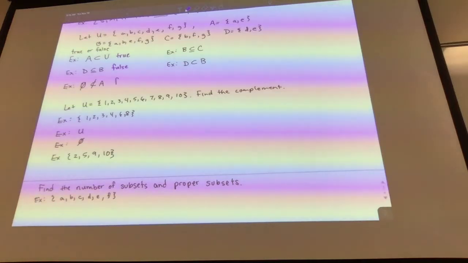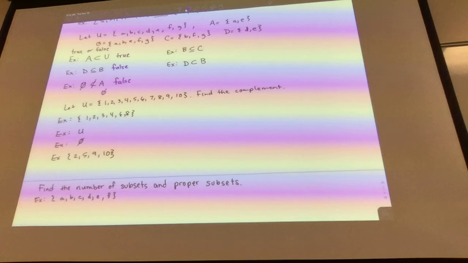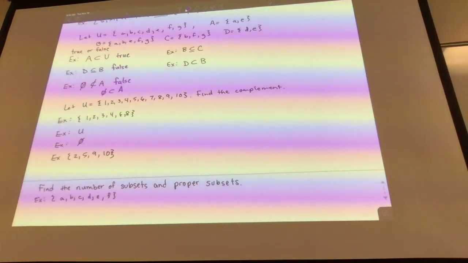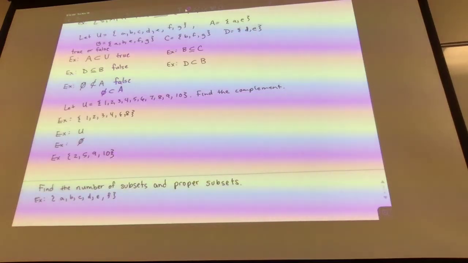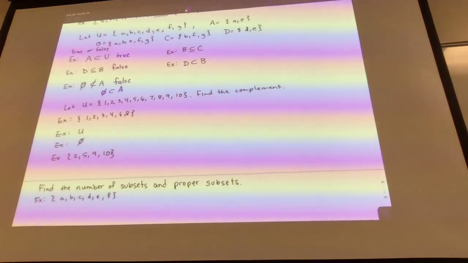So here we would say false, because in this case the empty set is a subset of there. So the empty set's included, so that's the empty set, then you have the A and you also have the E. So it's known to be there. So when we look at what was given to us, we say that's false.